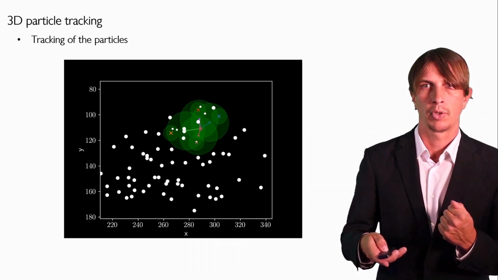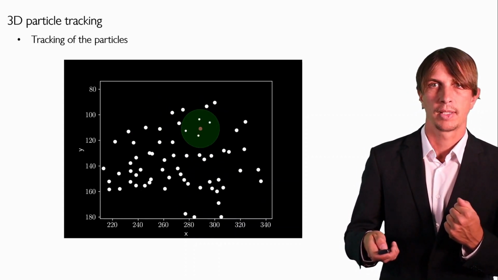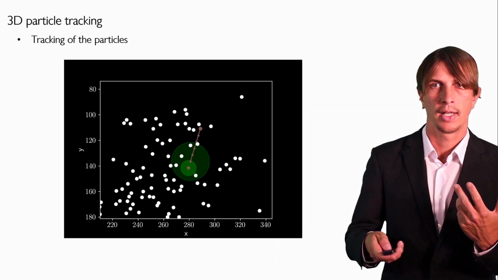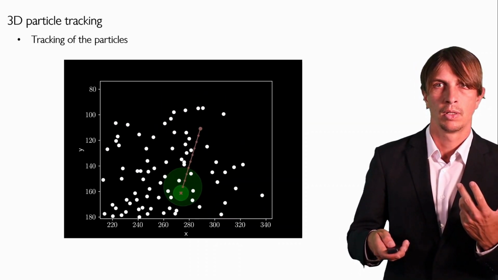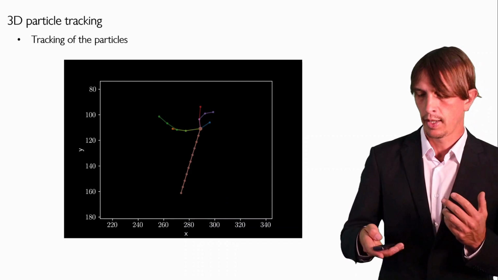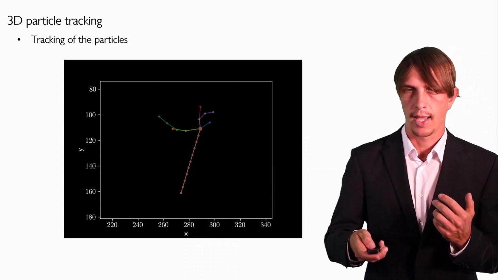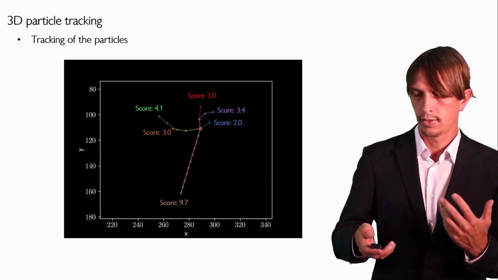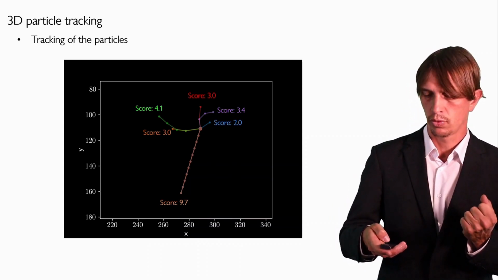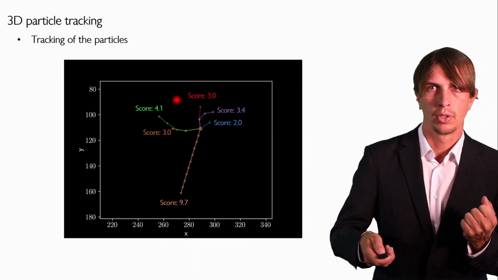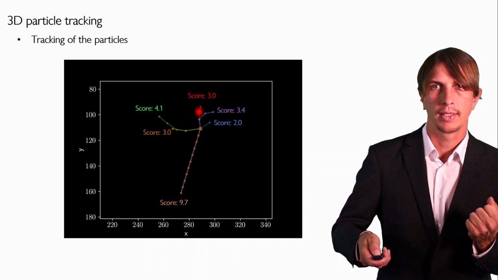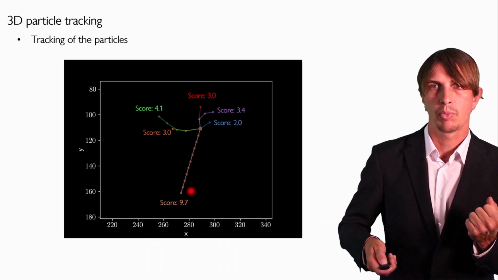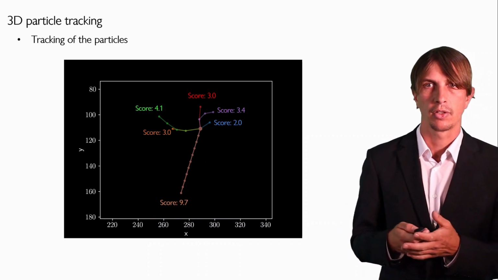So I'm going to show it again. First image, second, third, and so on. And now we have all those options, and we can deduce from those scores which one is the most obvious. And as shown through all other possibilities of displacement, this one with a score of 9.7 is the highest probability.